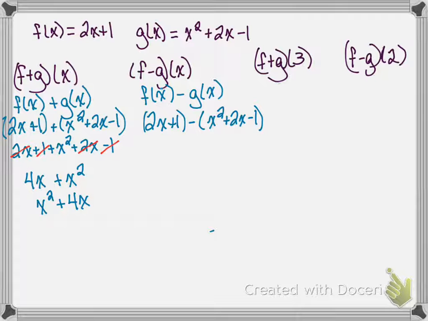We are subtracting all of g of x. So I have to distribute that negative to every single term in g of x. So I'm going to have 2x plus 1 minus x squared minus 2x plus 1.